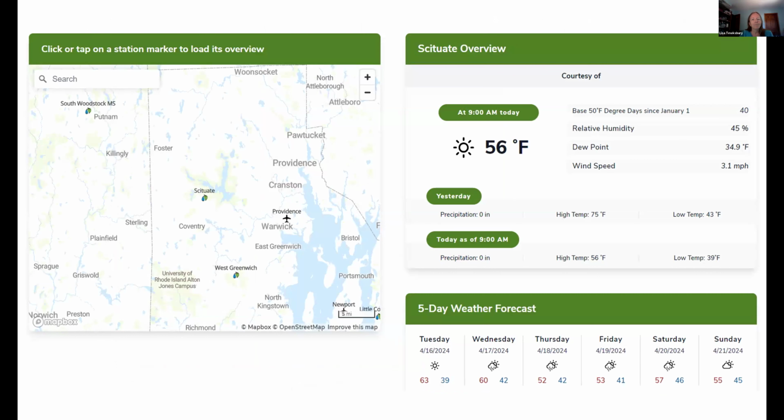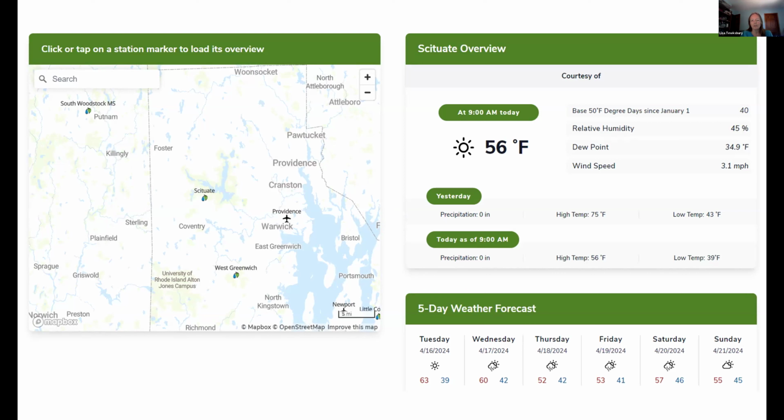And I put this in here. This is actually from NUA. I forgot to label it, but it's out of Cornell, and it's probably Northeast weather app or software that allows you to get information from local weather stations. So our Rhode Island tree fruit growers had gotten a grant to purchase some weather stations.